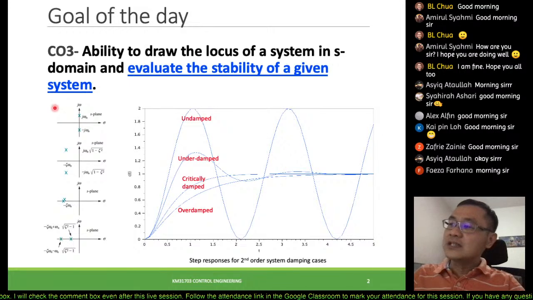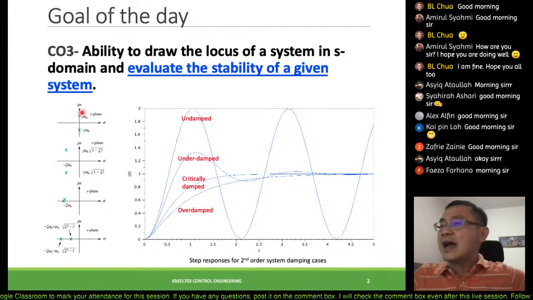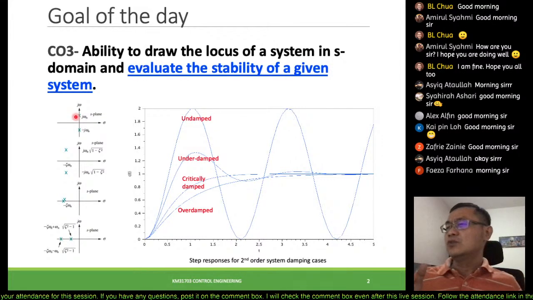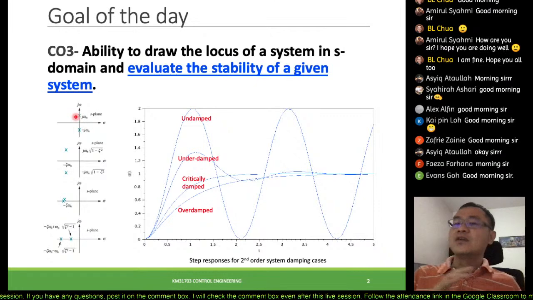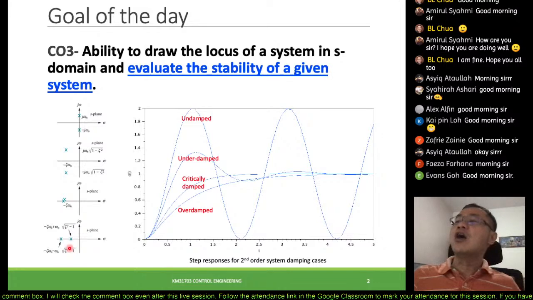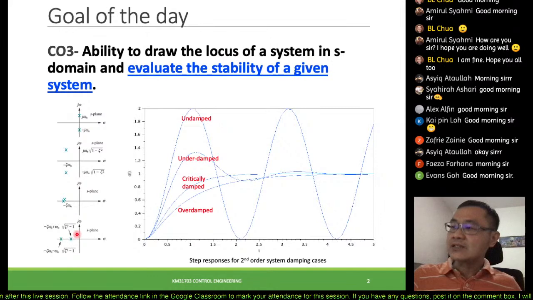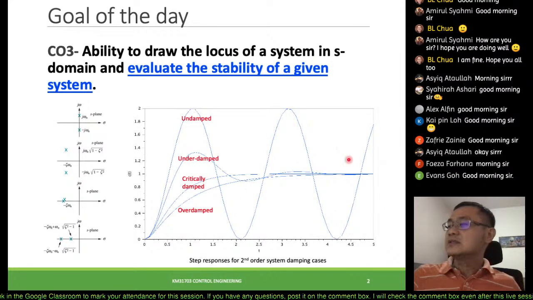We notice that most of these roots are lying on one side of the S-plane, which we call the left half plane of the S-plane. Whenever all these roots lie on this side, the response that we get is stable.